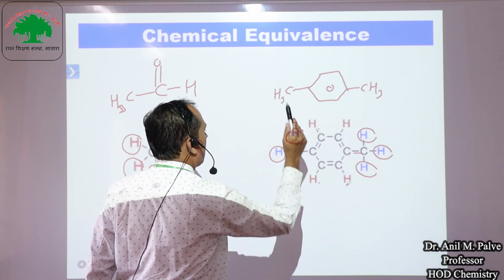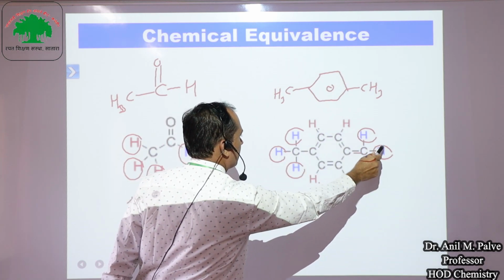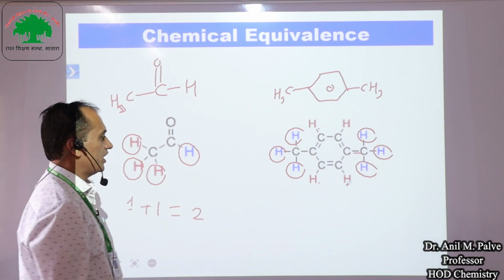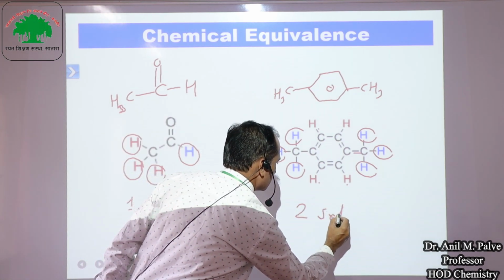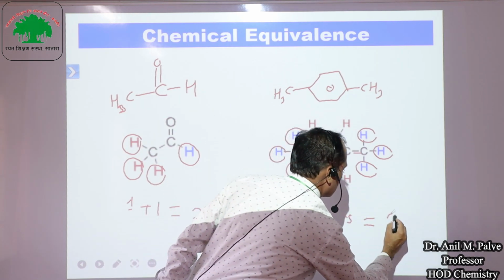So even though we have 1, 2, 3, 4, 5, 6, 7, 8, 9, 10, out of 10 hydrogens we have 2 sets of hydrogens, and in NMR we get 2 signals.